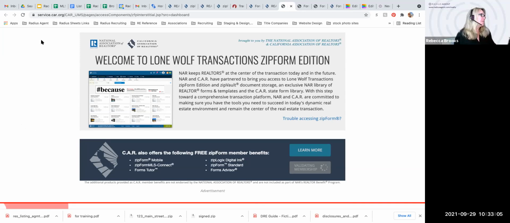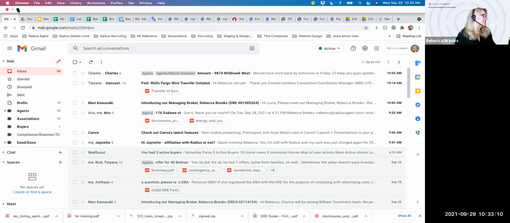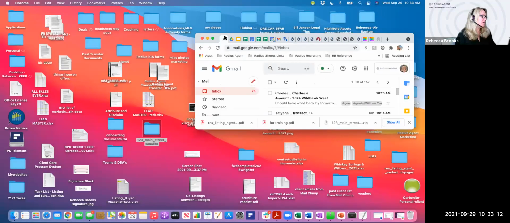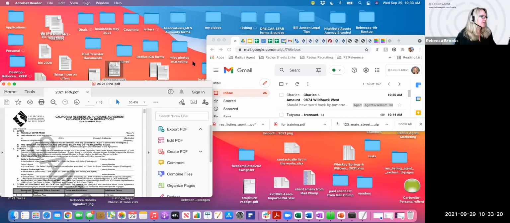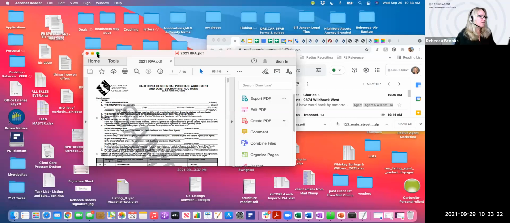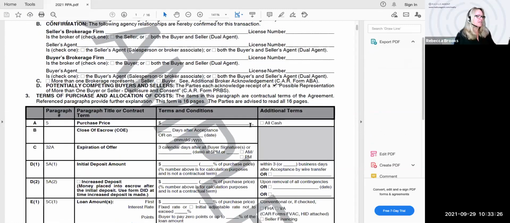Okay. Keep in mind though, since we are talking about it, I don't know if you guys were here last week when I was talking, I know some of you were, but we do have the new RPA that's coming out in December 2022. And so I'm going to encourage you to please get ready for this.